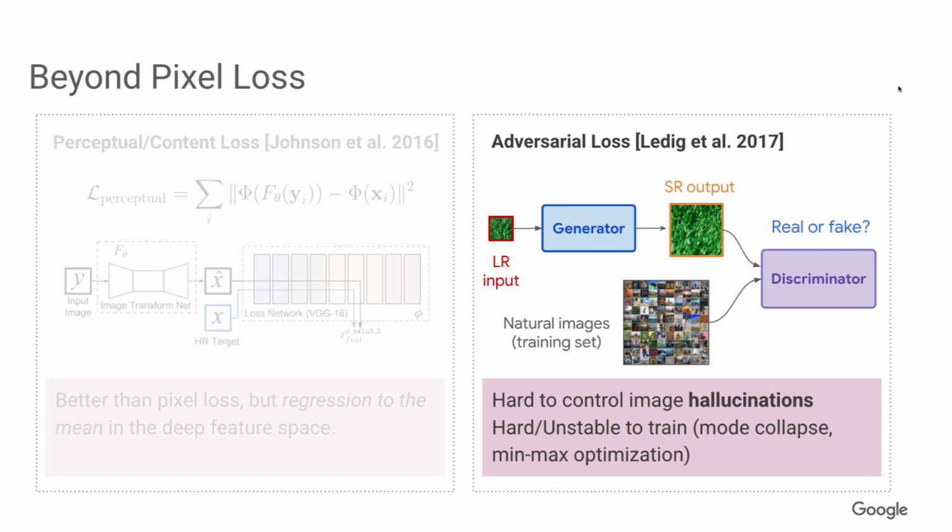The adversarial loss produces high-quality, realistic results, but it's hard to control the hallucinated content since it's not a reference-based distance, but a distance to the full manifold. Additionally, training might be unstable due to the required minimax alternating optimization.